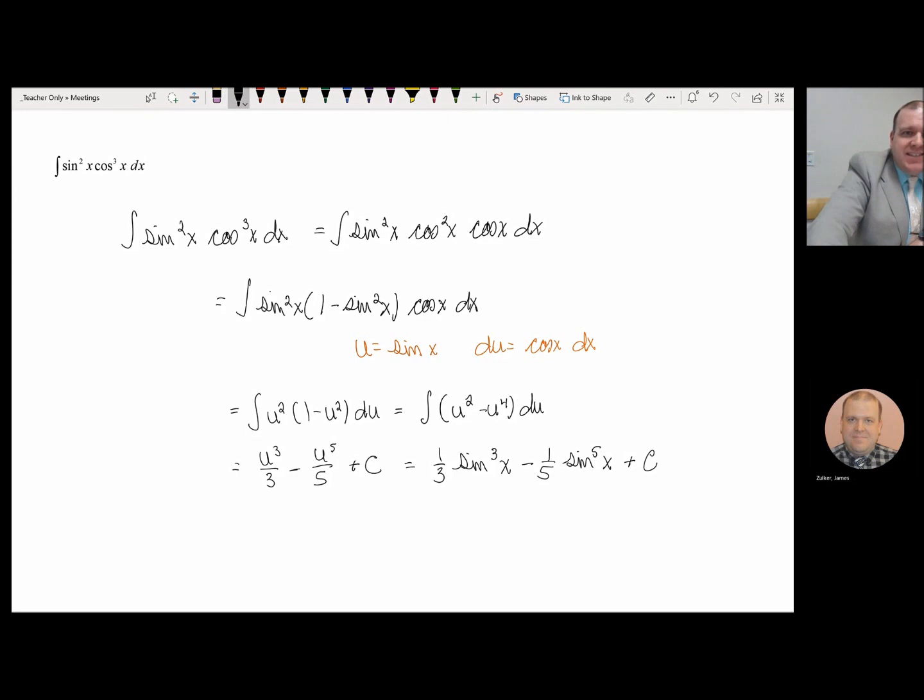And by the way, you would have a similar process if the power of sine was odd and the power of cosine was even. Right, except then you try and do u sub with u equal to cosine instead of sine.